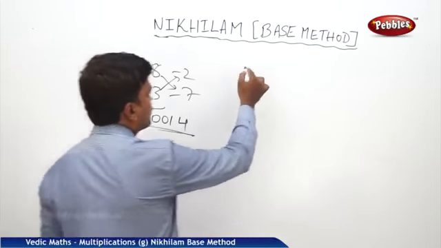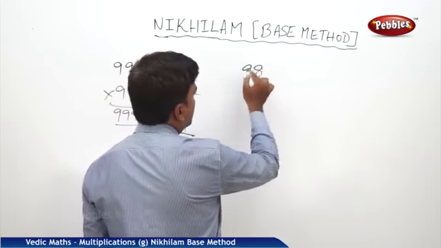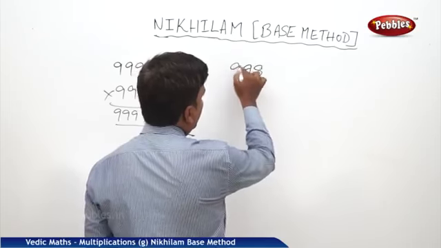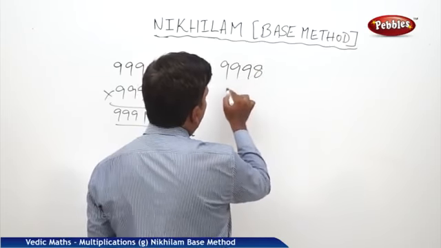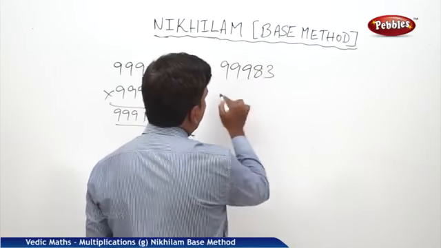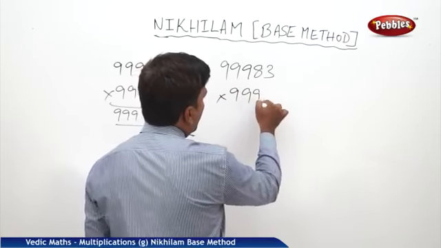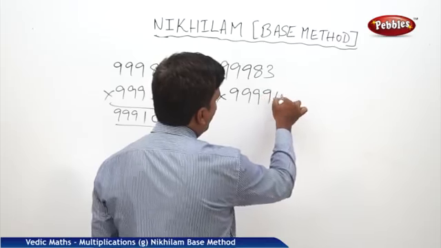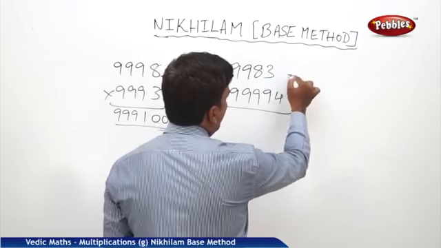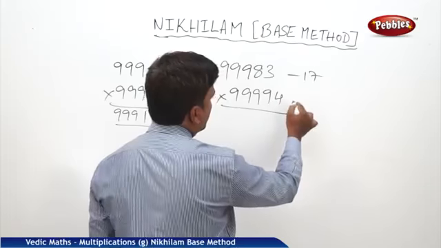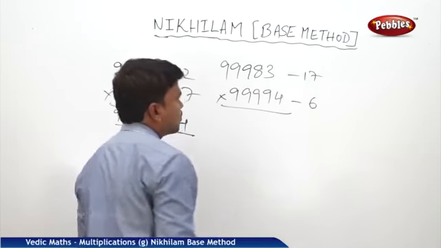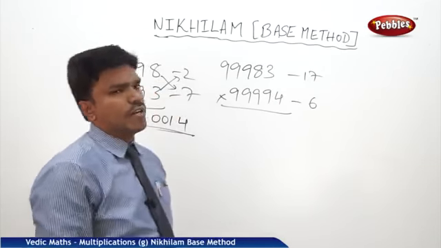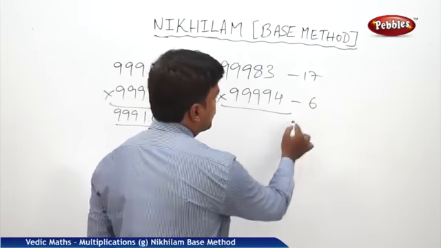One more example, 99983 into 99994. So how much is it? Minus 17 and it is minus 6. So 17 6s are how much? 102.